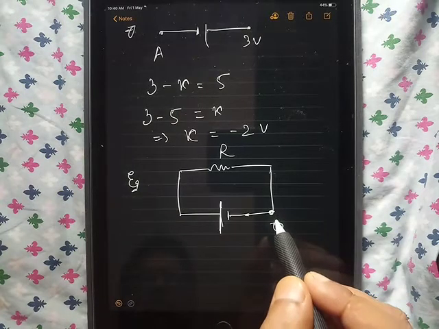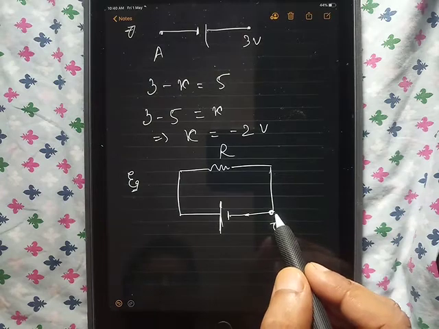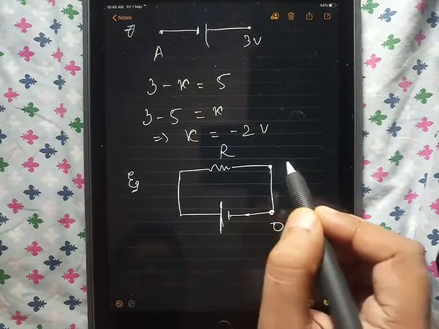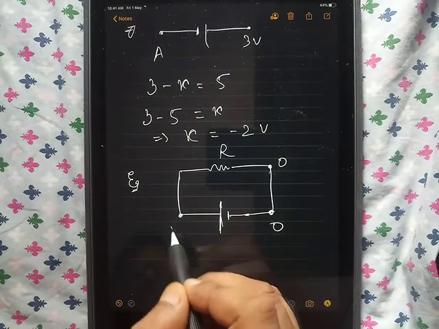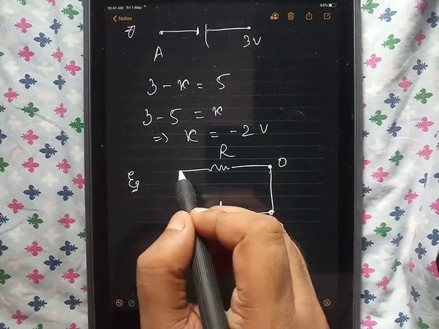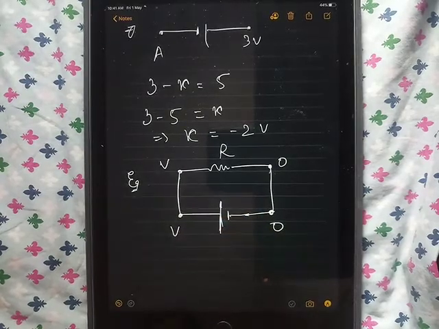Now as this point is 0 volt, this point will also be 0 volt. Let this point be V volt. This point will also be V volt.